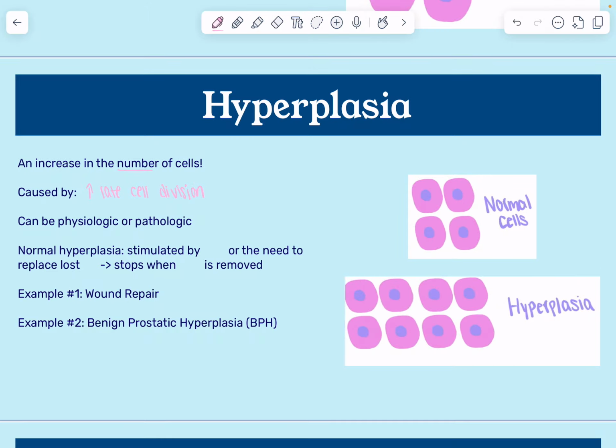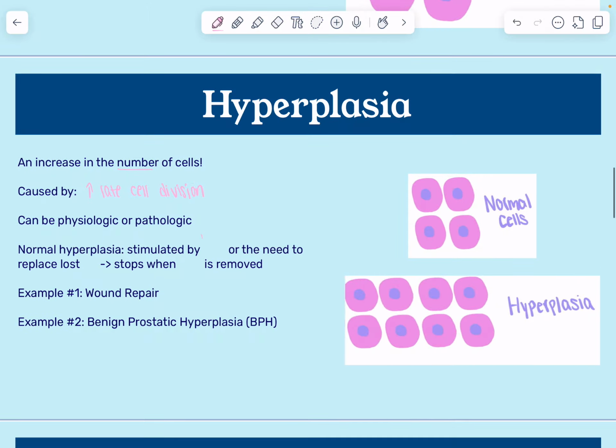Normal hyperplasia is stimulated by hormones or the need to replace lost tissue, and this stops when the stimulus is removed. One example of this is wound repair, and this is a compensatory change. And then another example is benign prostatic hyperplasia, and this is a pathologic change.